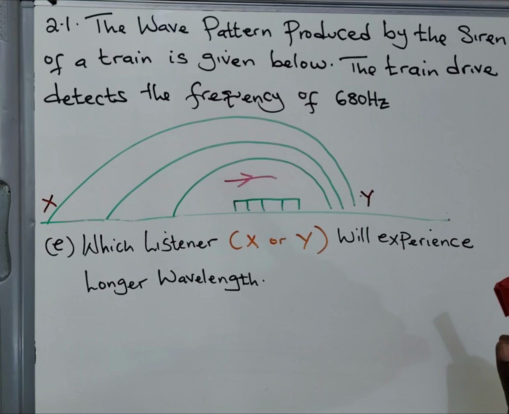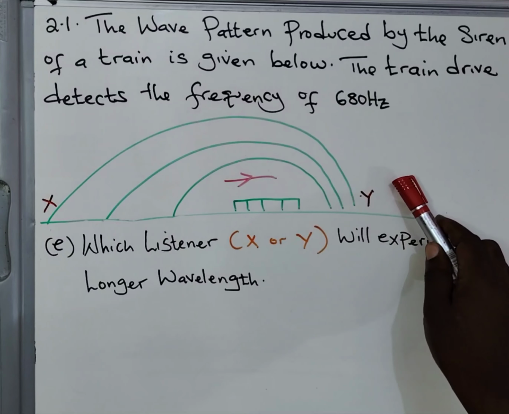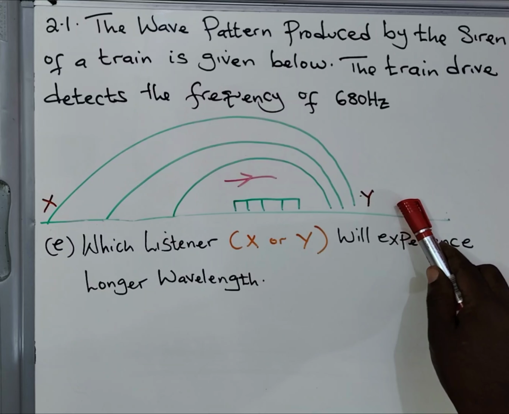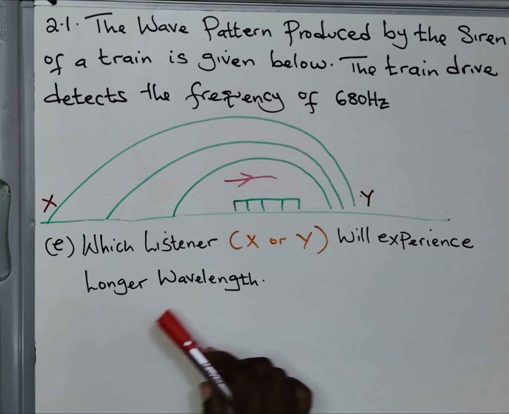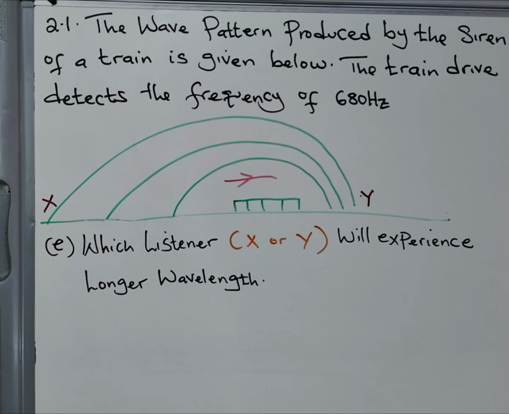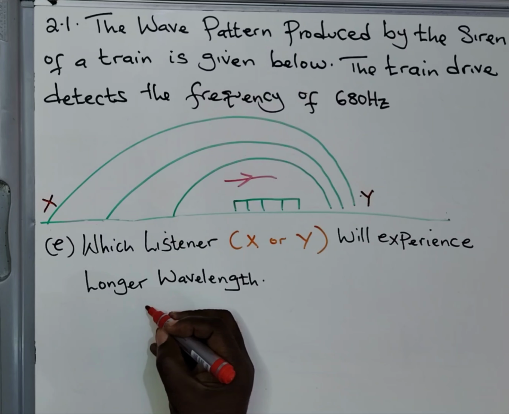But you have to know that frequency and wavelength are inversely proportional. So higher frequency implies a shorter wavelength. But the question says, which listener will experience a longer wavelength? Let's go to X. X experiences lower frequency, and lower frequency means longer wavelength. So the answer for this question is X.